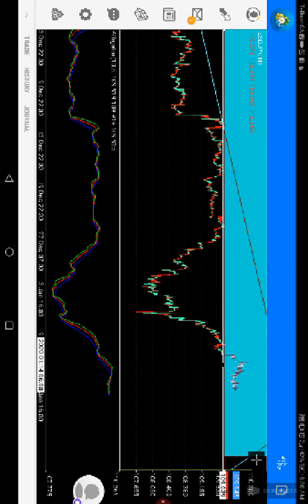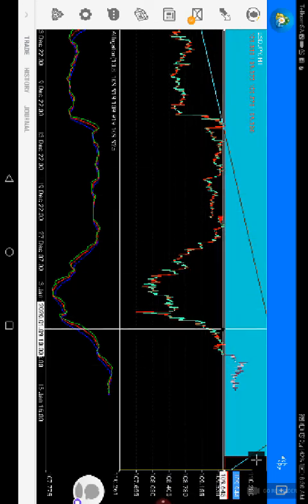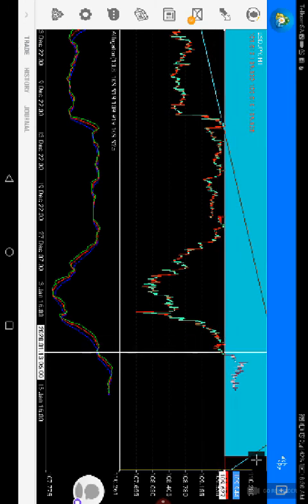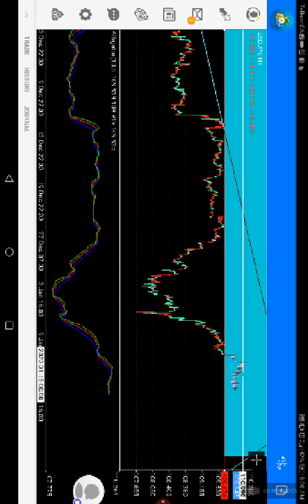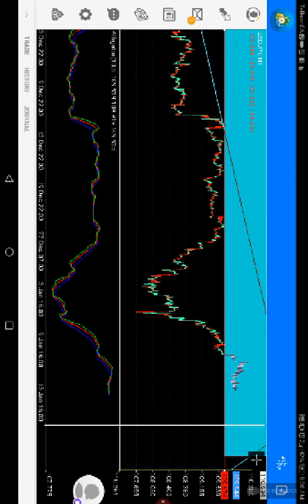Remember, this was a resistance because it kept resisting. But now that it was broken, it's no longer a resistance. It's going to be a support area, where it's going to bounce and continue with the trend. You get me?